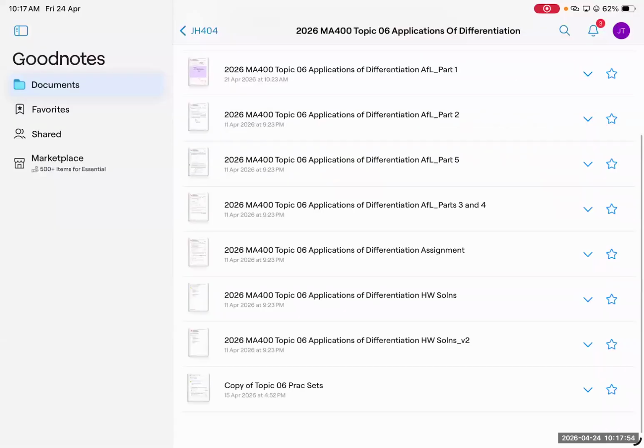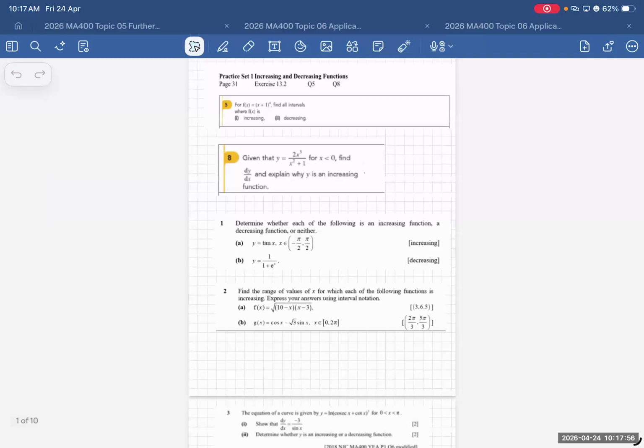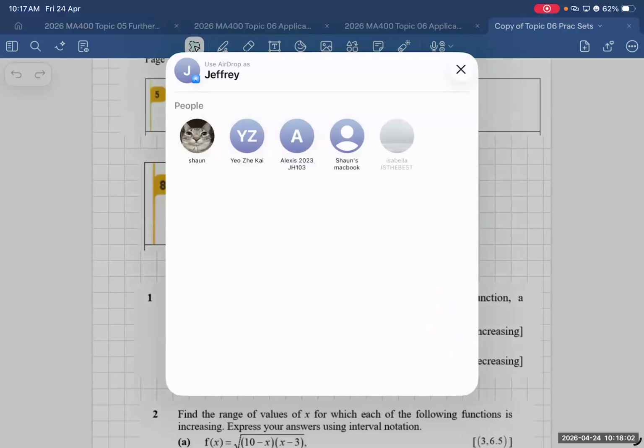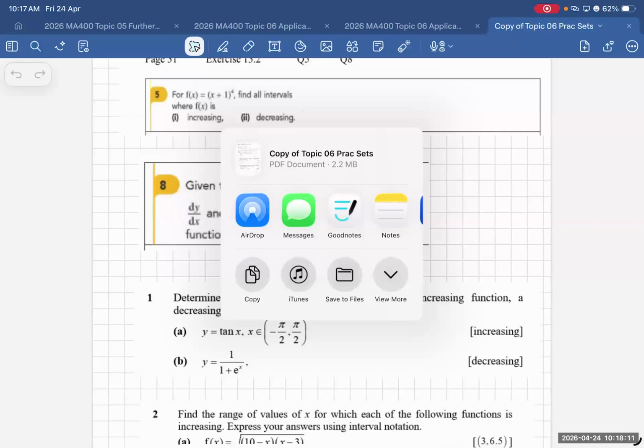Those who want the topic 6 practice set.